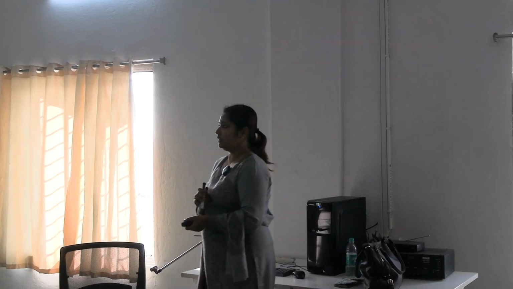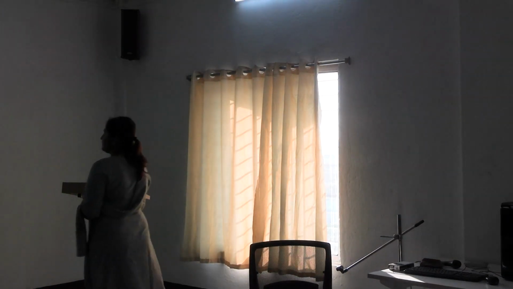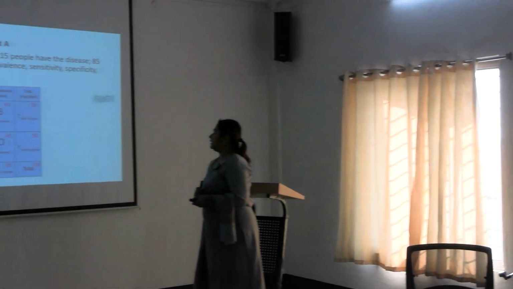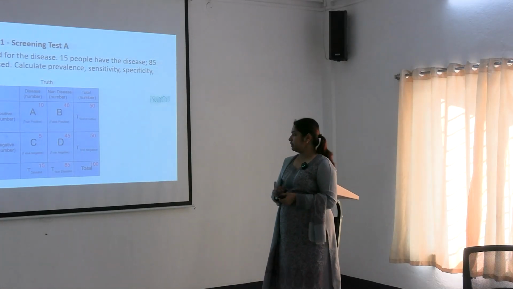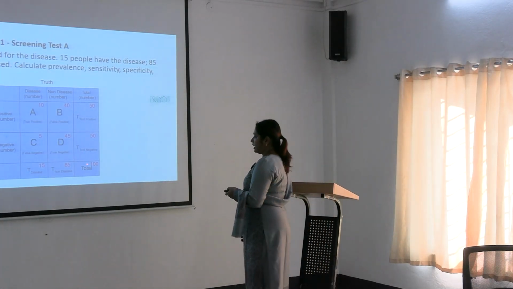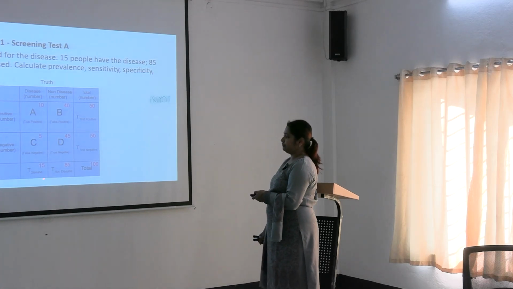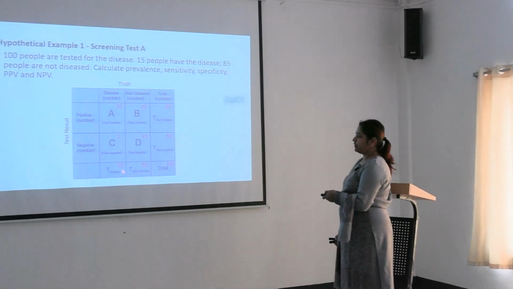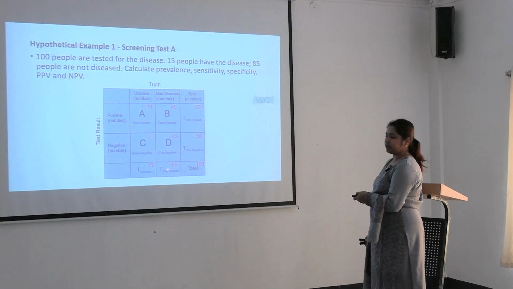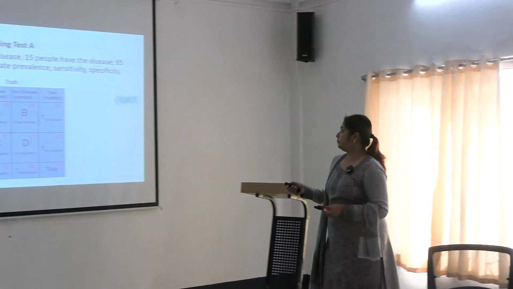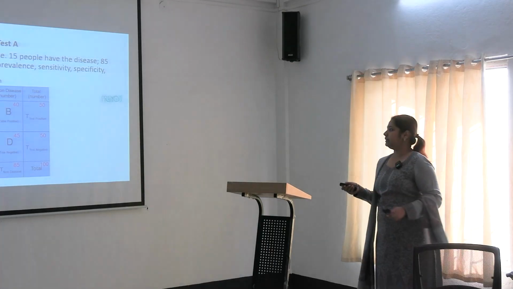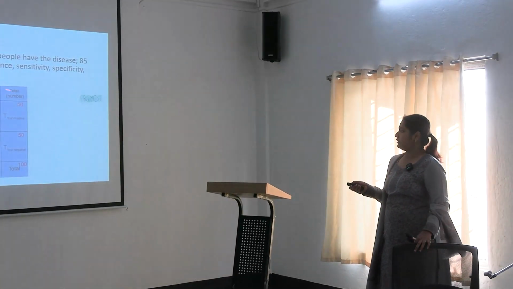A hypothetical example: screening test A. 100 people are tested for the disease, 15 people have the disease and 85 people are not diseased. Calculate the prevalence, sensitivity, specificity, PPV and NPV.